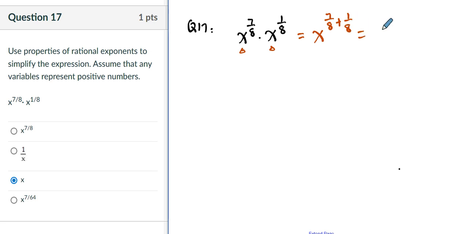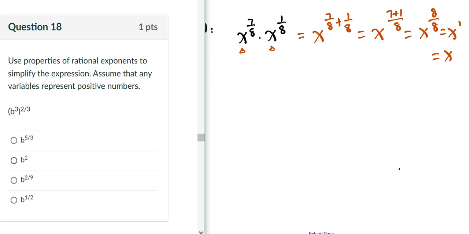Then we have x to the 7 plus 1/8, which is x to the 8/8, which is x to the first exponent. That's just x. So the answer here is the third one. The final answer is just x.